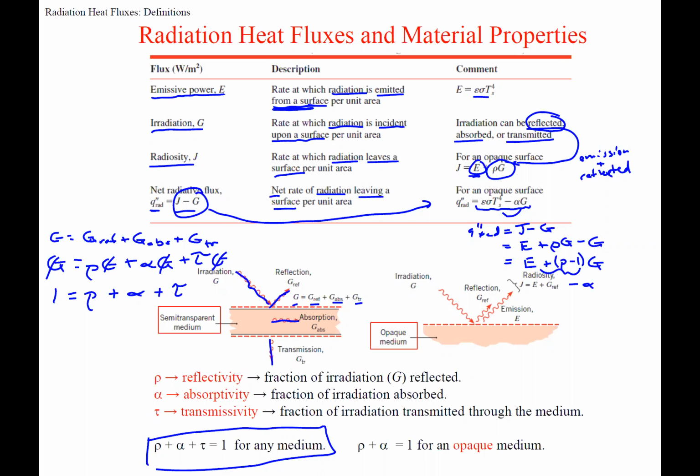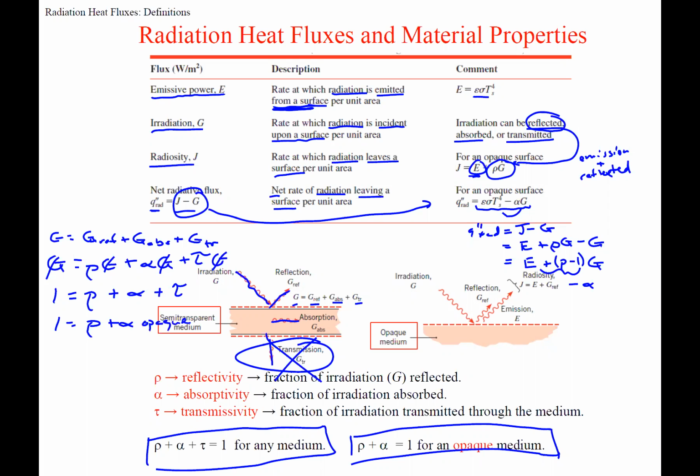Okay, if it's opaque, that means now it's not going to transmit anything. This goes away. So then 1 equals rho plus absorptivity for opaque. All right. Well, we want to get this thing I said here.